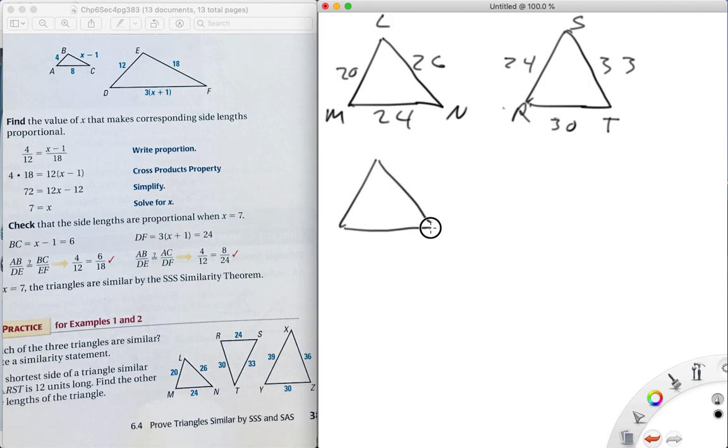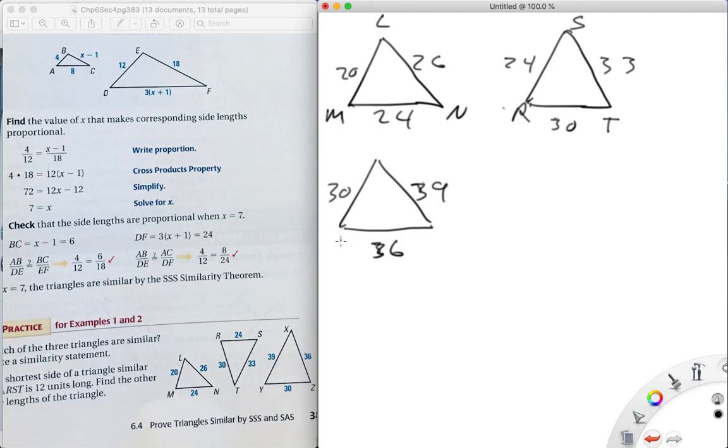And these triangles aren't to scale. And do the same thing. So the smallest guy would be over here. The largest guy would be over here. And then the medium guy would be over there.